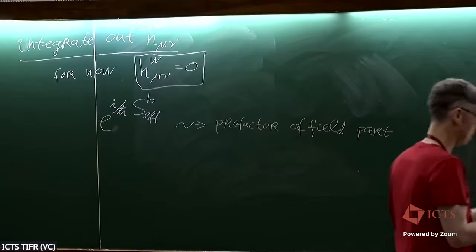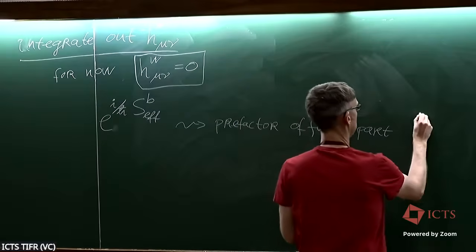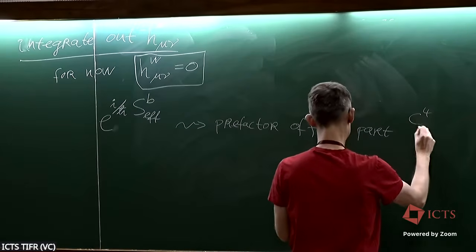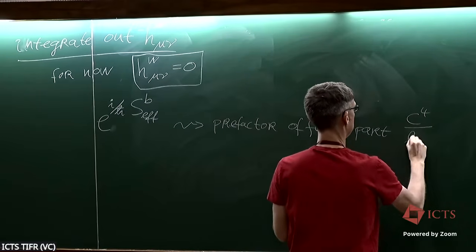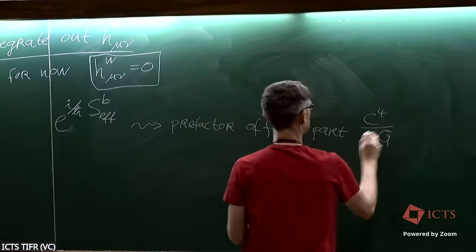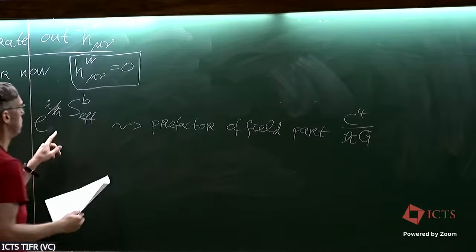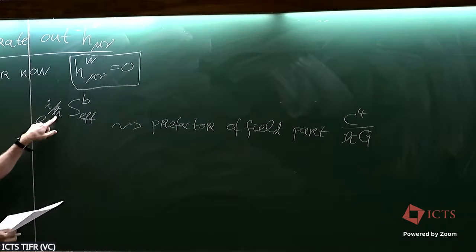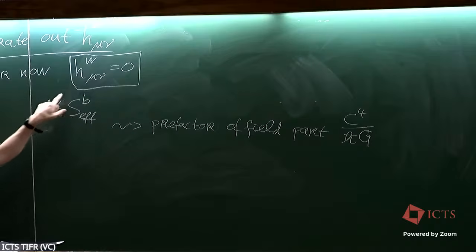So it has a prefactor of c to the 4 divided by h bar G, right? So the h bar is just coming from here. That's not part of the Einstein-Hilbert action, but it is in the exponent of the path integral.